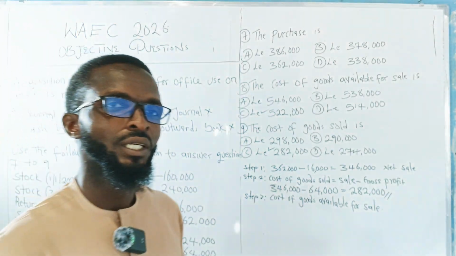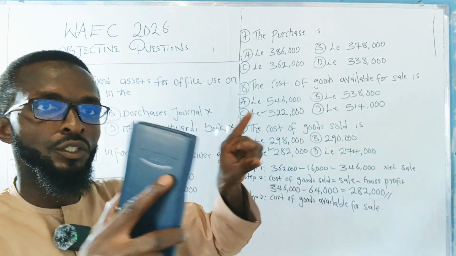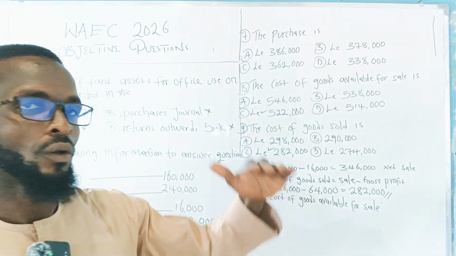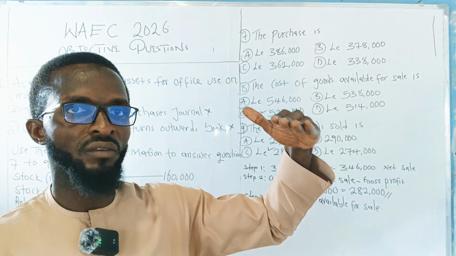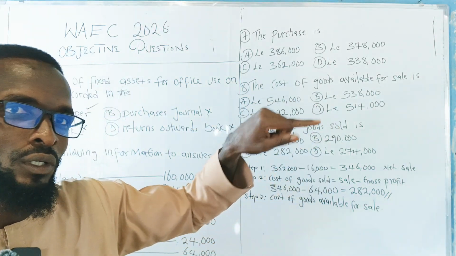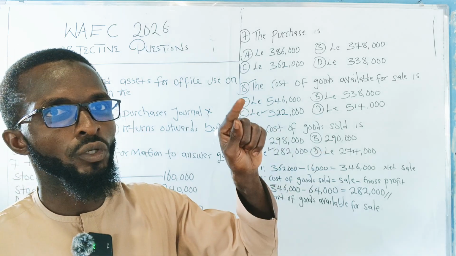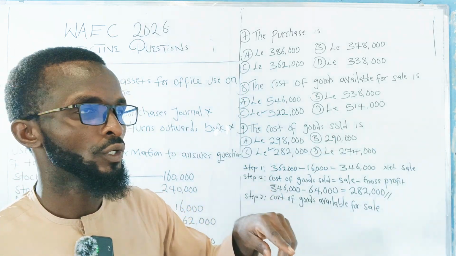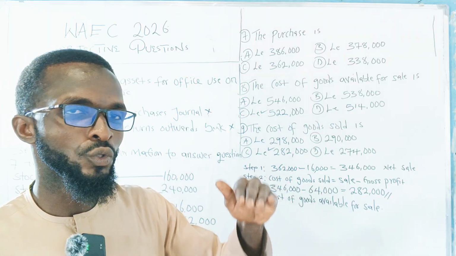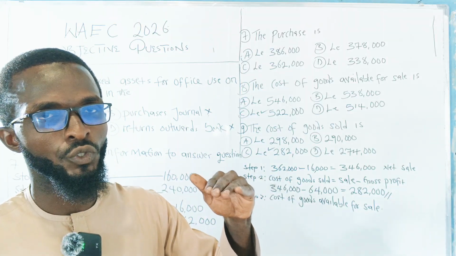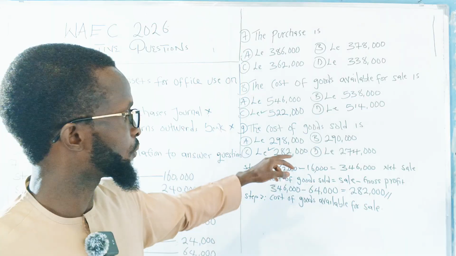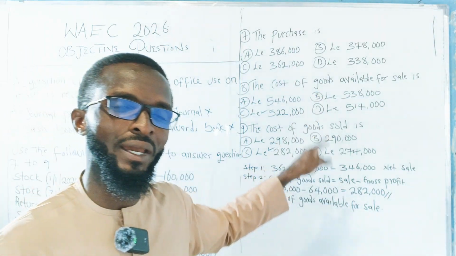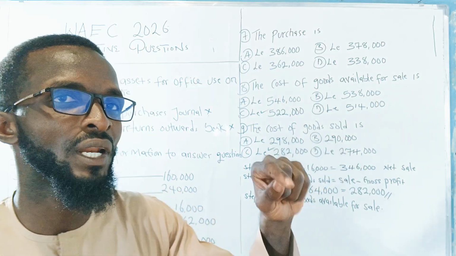Remember, if you could recall the structure of the trading account, when we determine our cost of goods available for sale, once we less closing stock, then we determine our cost of goods sold. Once you put the closing stock back, it will be cost of goods available for sale.